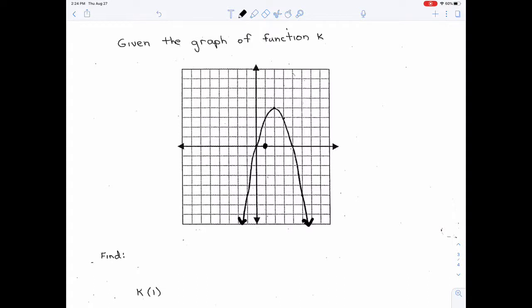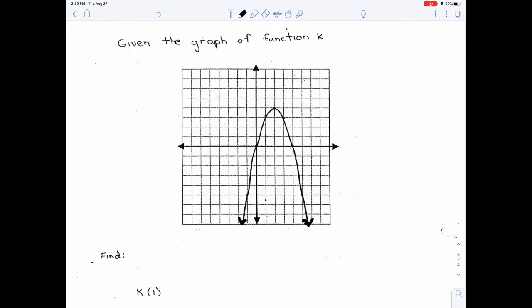Yes, the x coordinate is 1, but that's not the graph. So somewhere on here is a point. All of these things that I'm sketching on here have an x coordinate of 1, but only one of them is on the graph. So which one is it? Let me get rid of these.